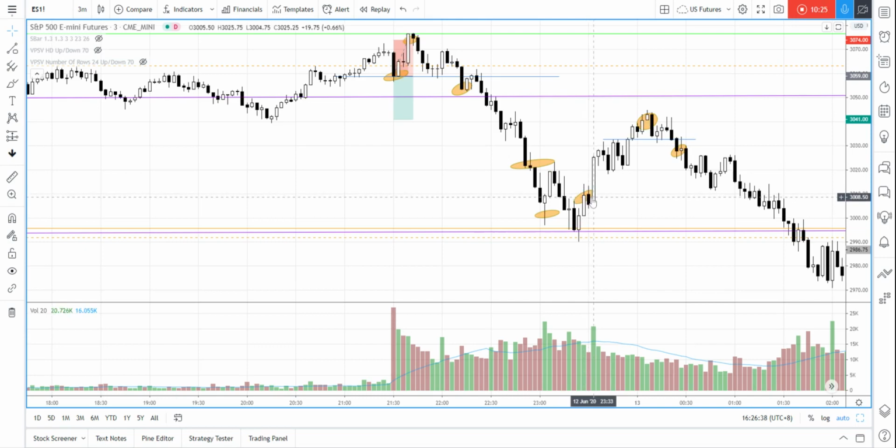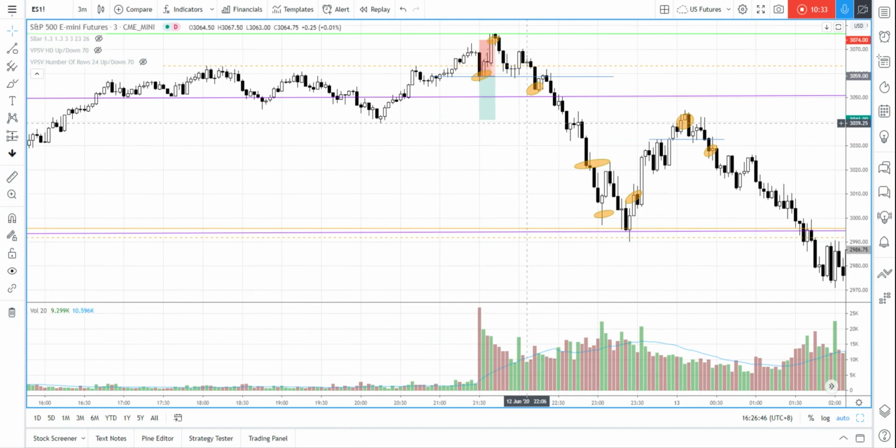You can open a long entry here, and subsequently exit somewhere around here, because this is where you hit the resistance, or where the selling begins. So this is the origin of the selling. You can exit somewhere around there, or you can even trail the stop, and I think eventually you will get stopped out somewhere around there as well, maybe on this bearish bar.